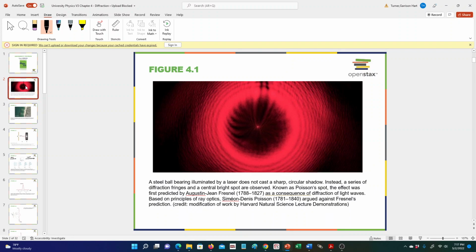Well, when you have, for example, small objects that can be illuminated by coherent sources of light. Now, remember, coherent means that all of the waves coming out of your source are in phase with each other.